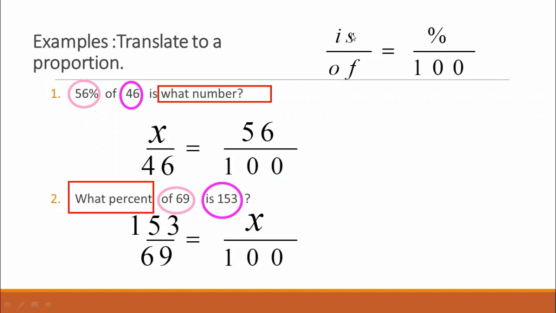So using the above formula, x represents the percent, which is unknown, divided by 100. Now part divided by whole, is divided by of: is is 153, of is 69. So we can easily calculate the percentage by using this translation.